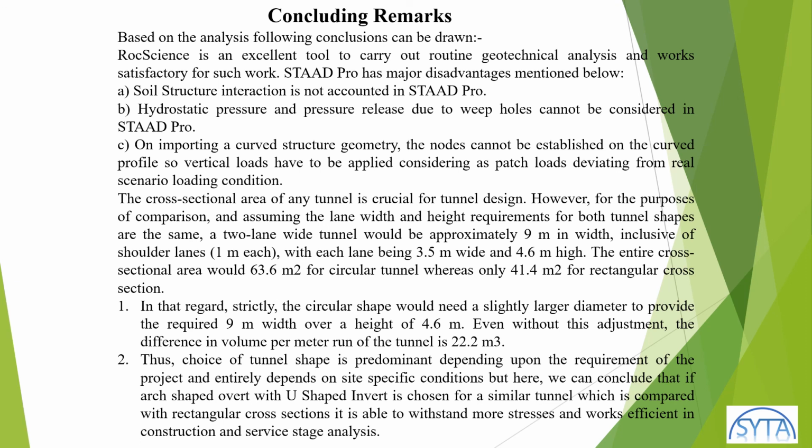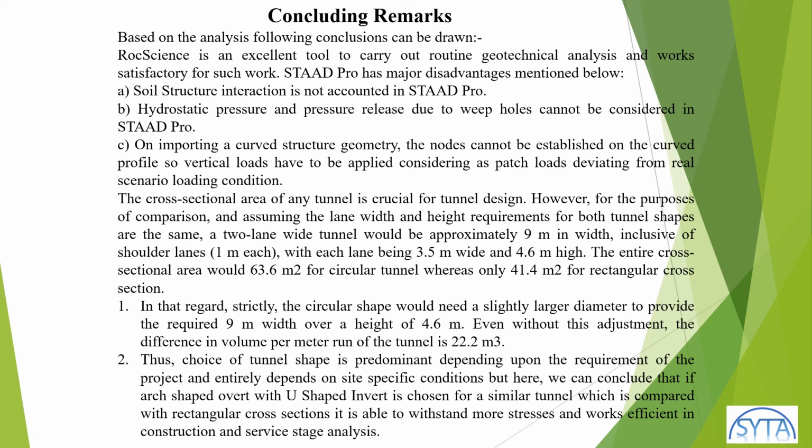But this can't be the reason for concluding that if the excavation cost is less, then you must take the rectangular cross section. We have well depicted that if your tunnel length is large, then despite the lesser excavation area, you can minimize the cost through a reduction in reinforcement, and also the durability of an arc-shaped tunnel is comparatively very high than a conventional rectangular tunnel.